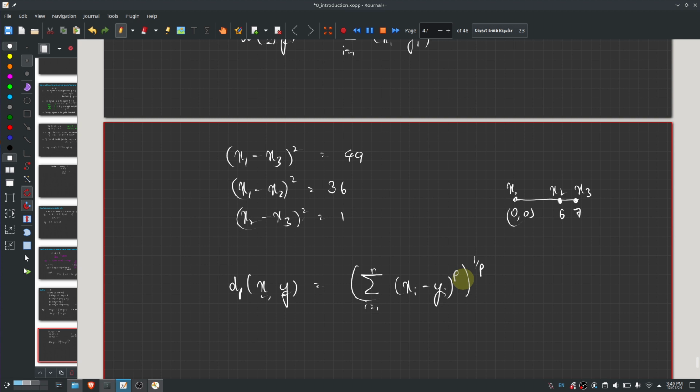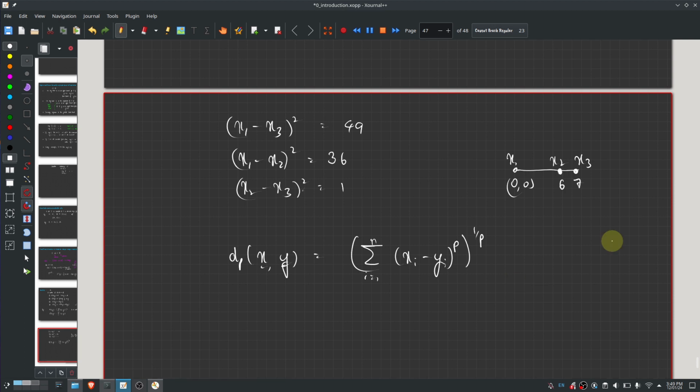If you take p equal to 1, it's called the L1 distance, and so on. I claim that this is also a metric. Again, the first 3 properties are straightforward. All that one needs to show is that the 4th property is also satisfied. We'll revisit the LP metric later on, but this LP metric also has some other nice properties as well. This is called the LP metric.